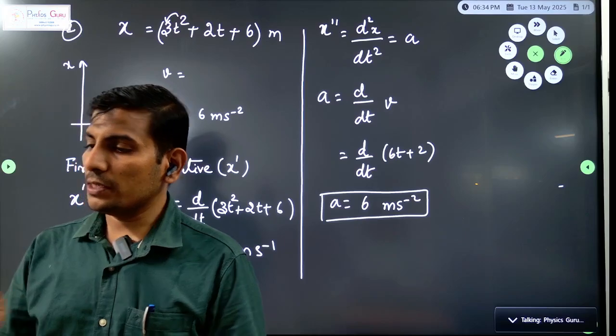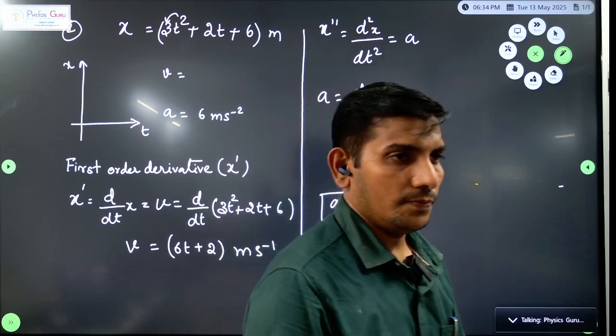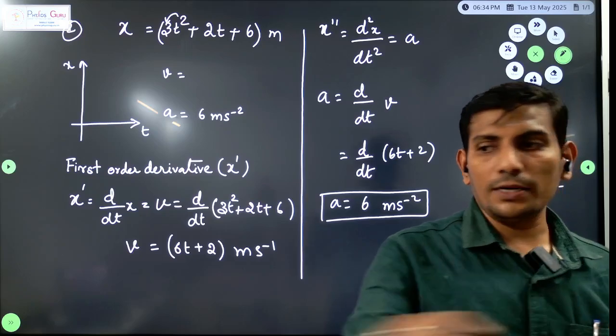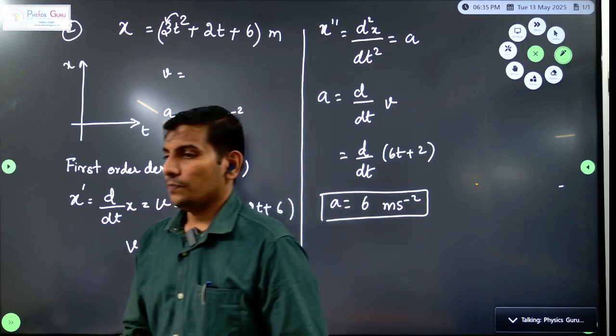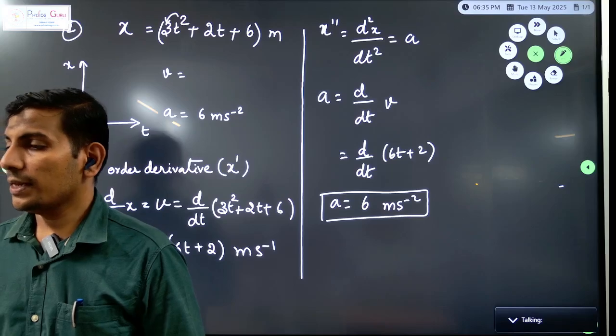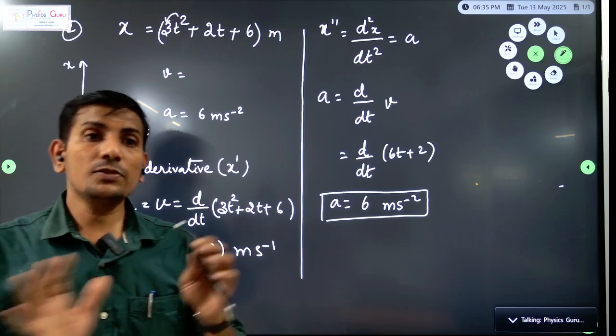The moment the velocity turns out to be constant, there is no change in velocity. Only if there is change in velocity, there will be acceleration or deceleration. Got it? So far we saw the mathematics, now I will tell the physics.